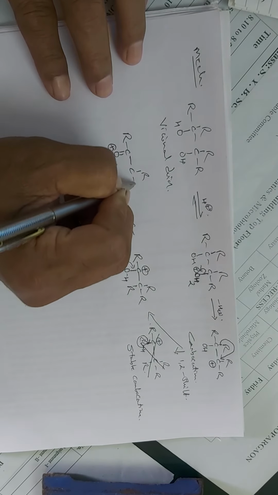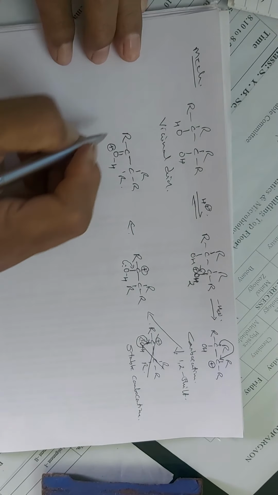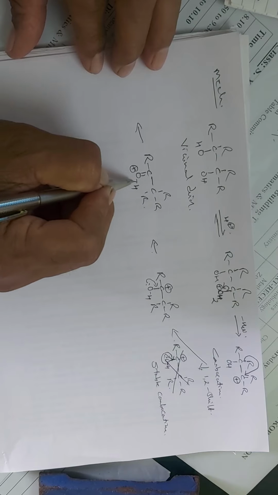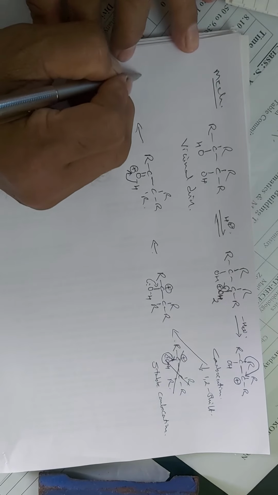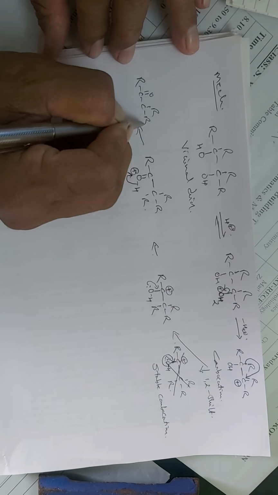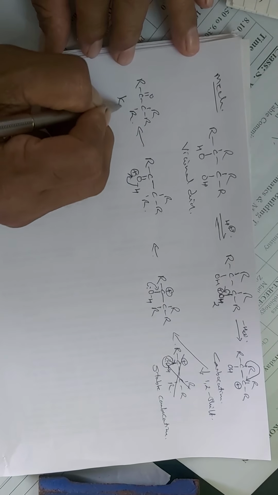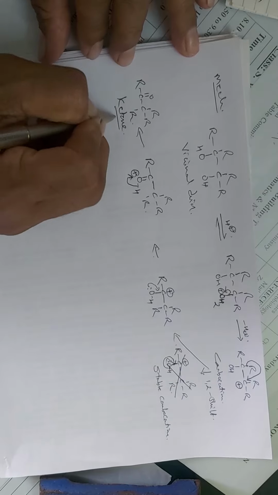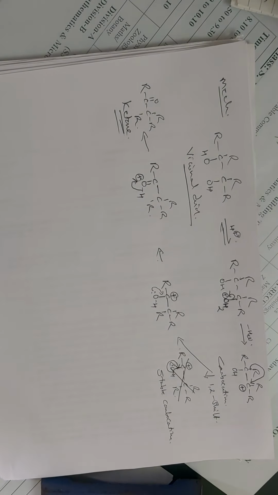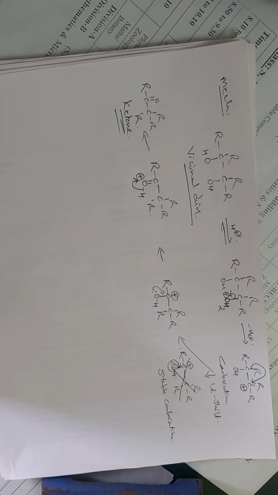Further, this proton gives the electron pair here, and you get the formation of a ketone. So vicinal diols to ketones is the type of reaction which is called the Pinacol rearrangement.